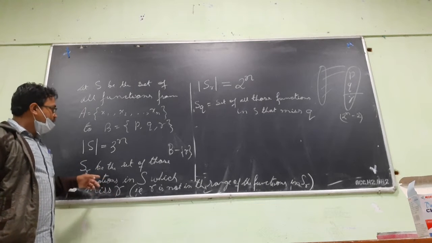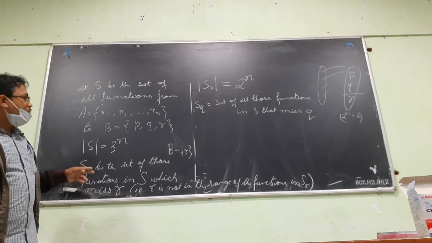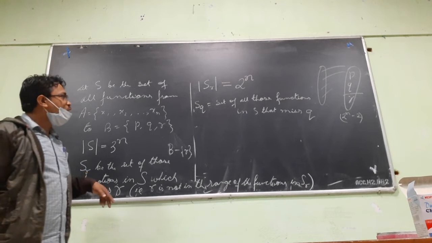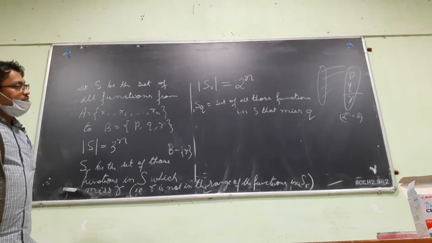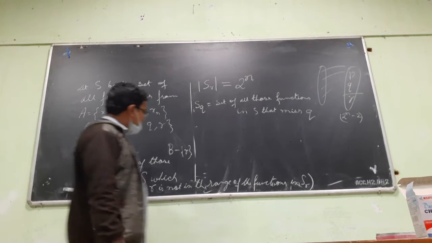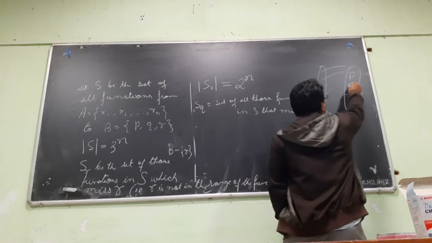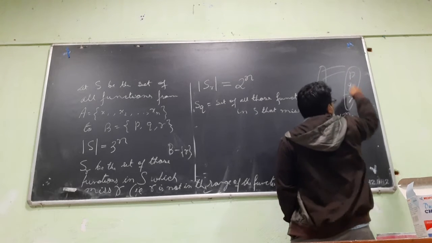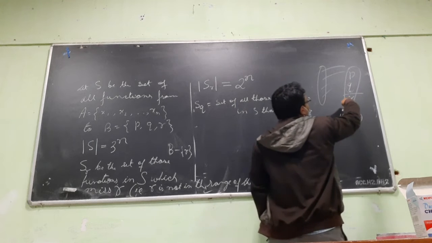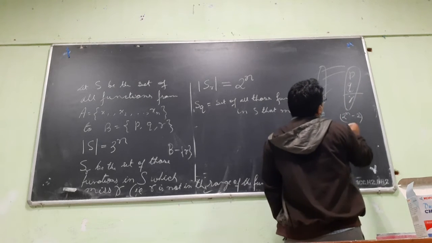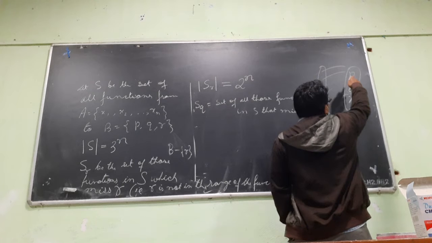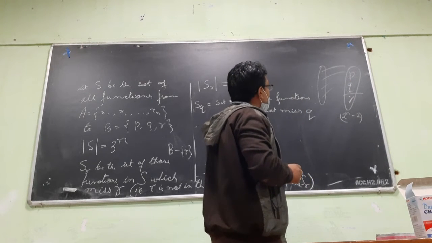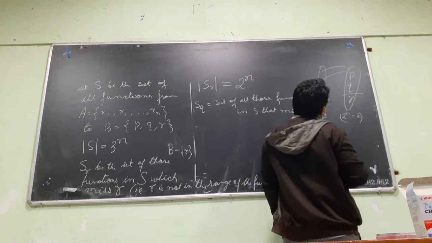Then for SQ again you have to find out those in SQ. So in that case, you are considering all onto functions from this to PR. Even then, out of those functions there may be some functions which belong to this.